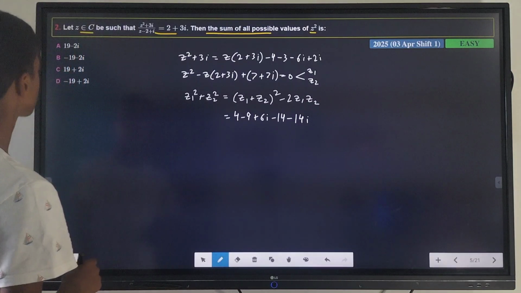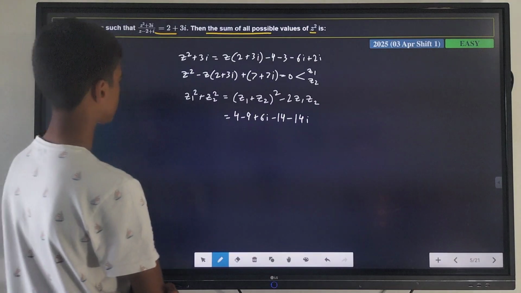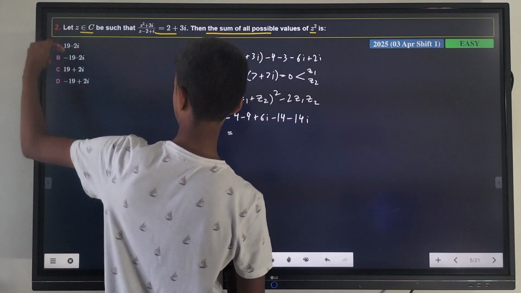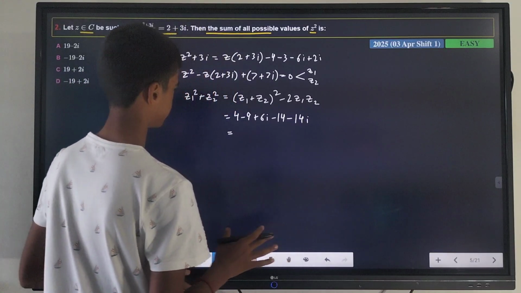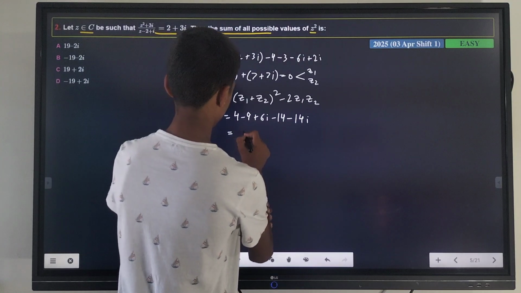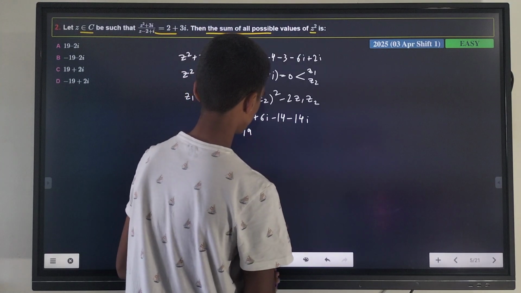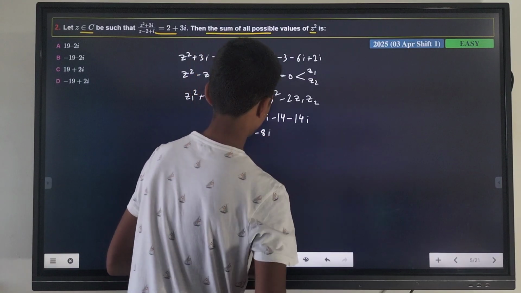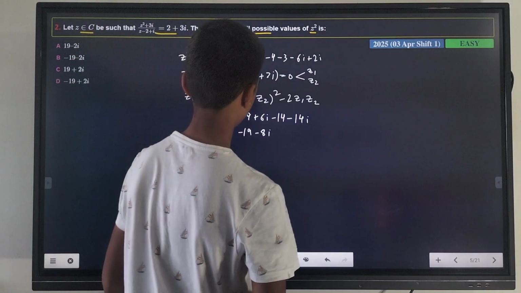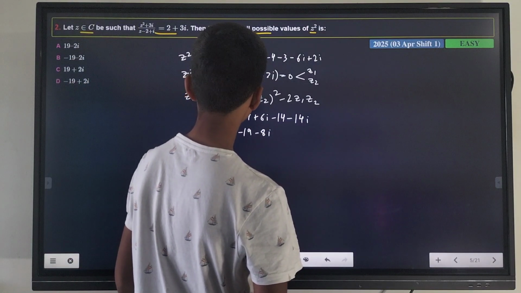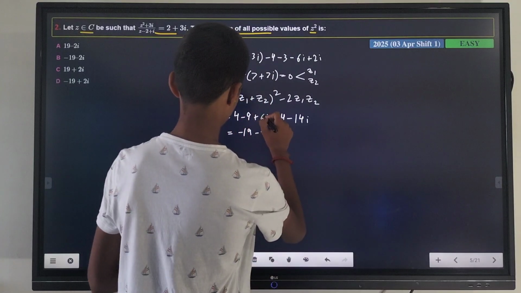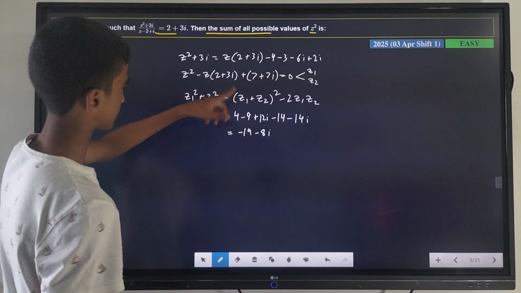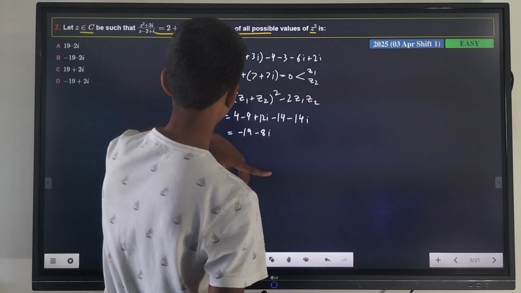Please wait a minute. Yes. We have minus 19 on the real side. Sorry, this is 12 iota: 2 into 4 minus 9, 3 into 2, 6 into 2, 12 iota.